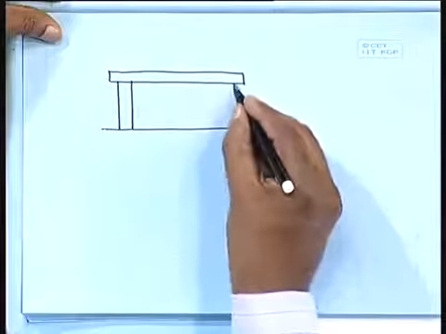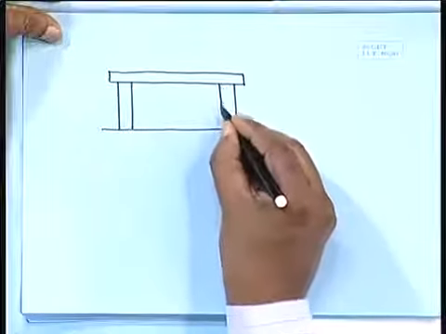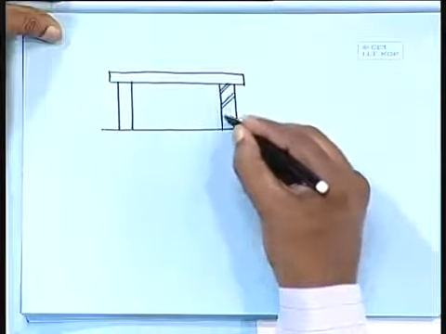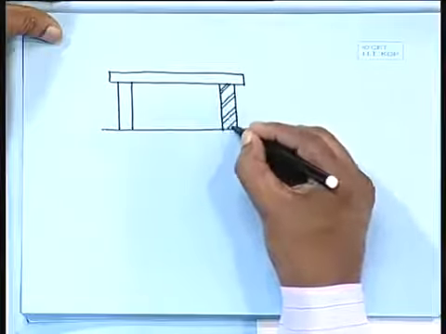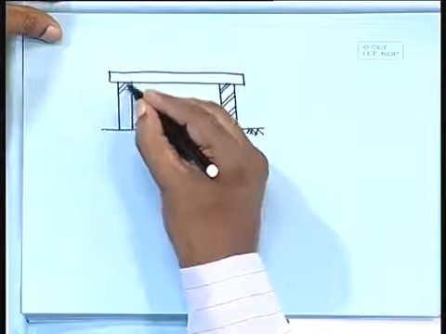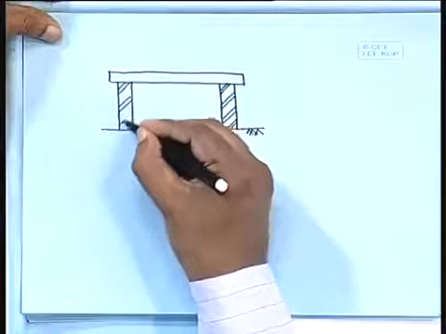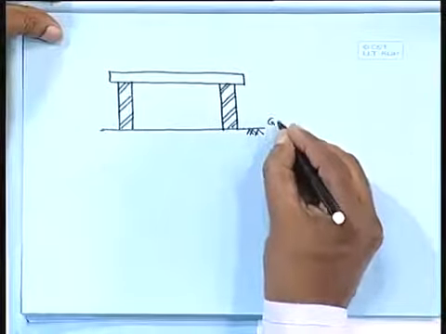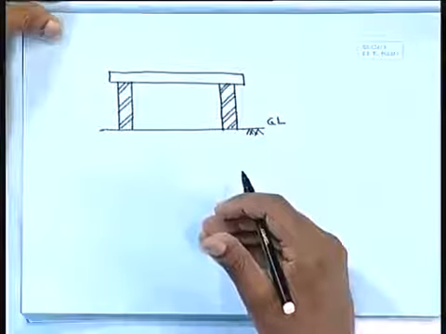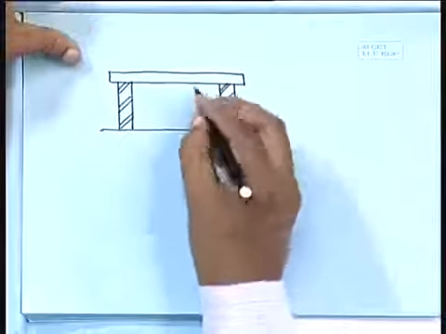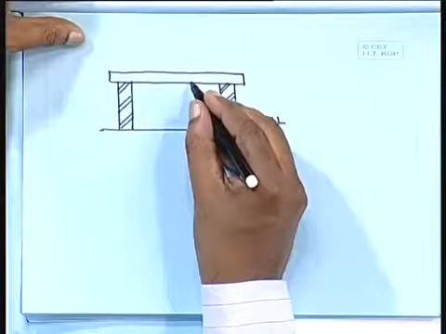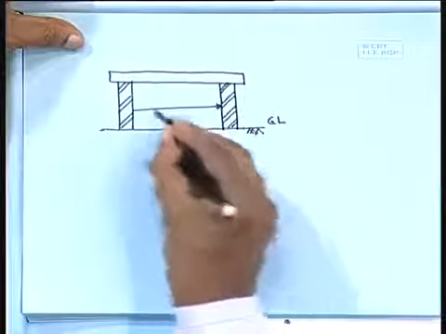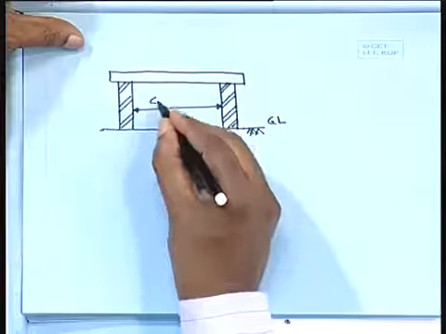We can take it as if it is supported by two masonry walls. So, we have different spans. This is your ground level. We have foundation, but we are not interested right now. This may be a beam or a slab.